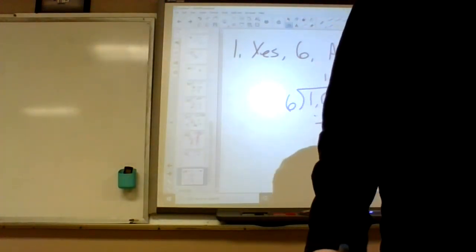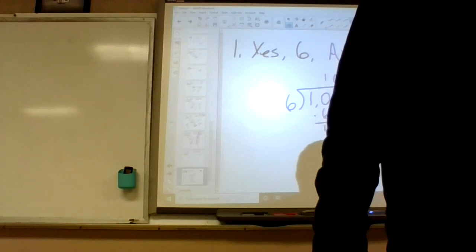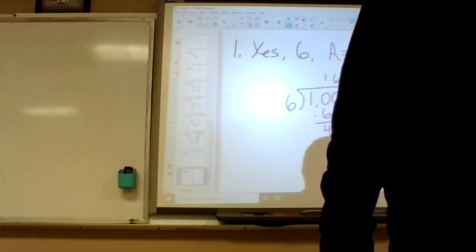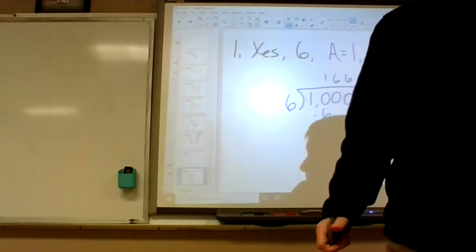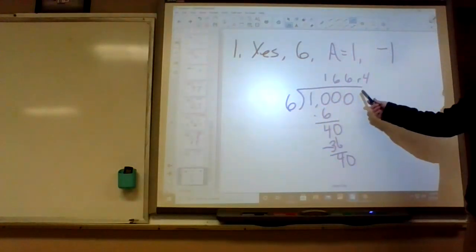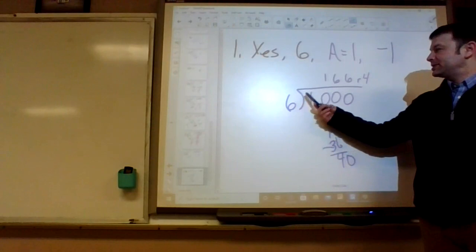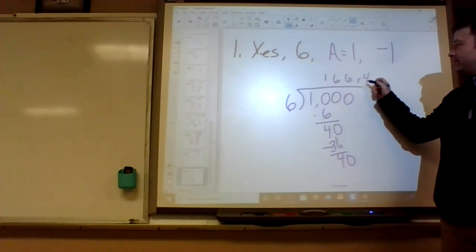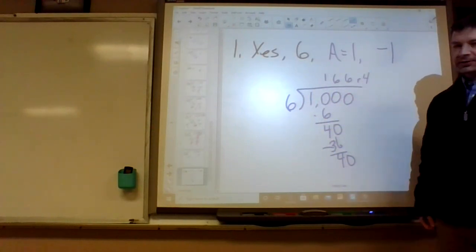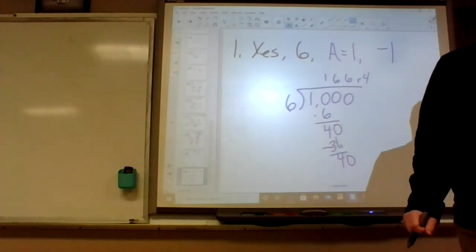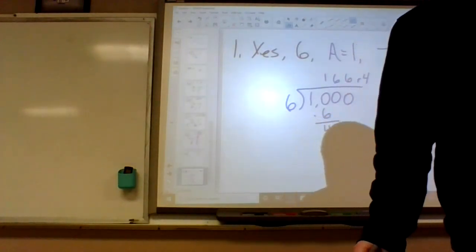Wouldn't the negative be the same? Well, it's similar. If I divided negative 1,000 by 6, I'd get the same thing, but the remainder is going backwards 4. So what's happening backwards 4?